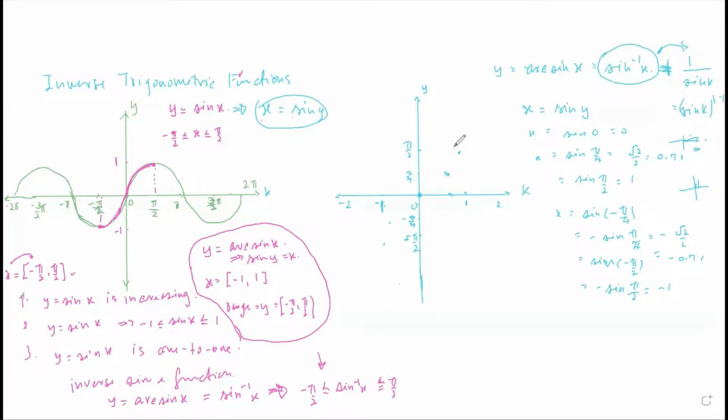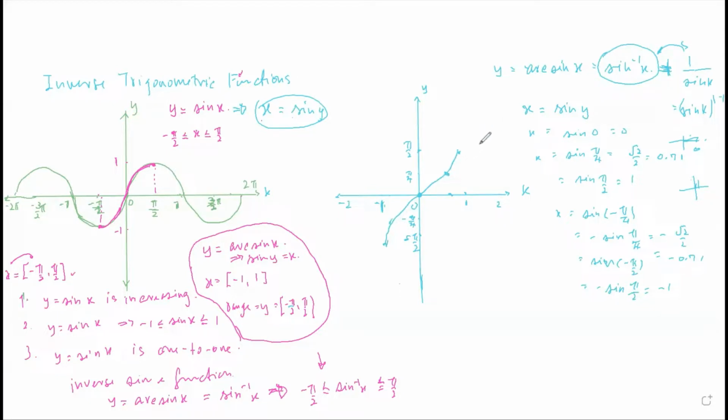Okay. So now we have an approximate curve, because don't forget the restriction for y has to include negative pi over 2 and pi over 2, so right here. So this one is going to end up right here. So the curve should be somehow like this, a little bit curved. They have to be symmetric, okay?